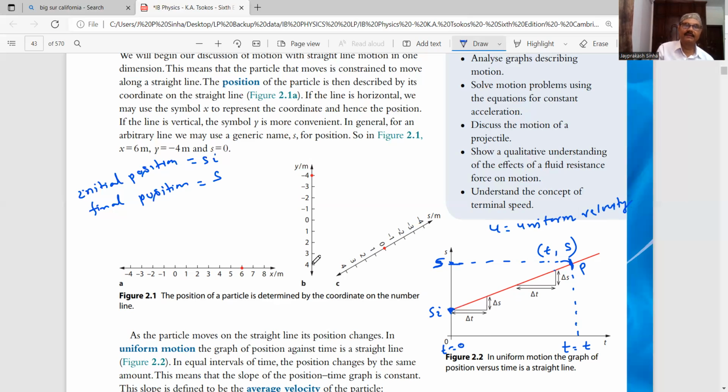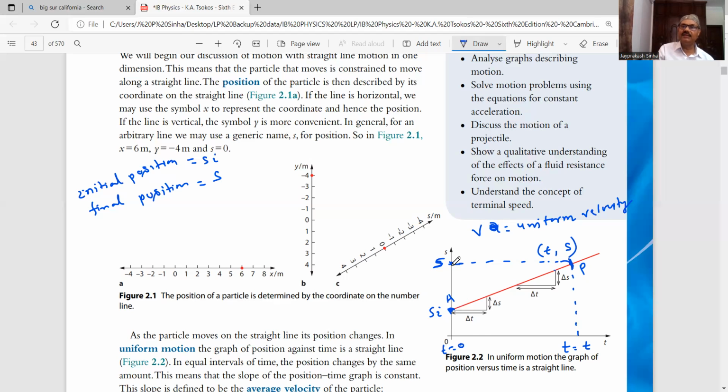Correct? Or this you can write as v also, either u or v, no problem. V. Meaning from here to here, the body is moving from this position. This position is A, from A to P with uniform velocity, that is v.